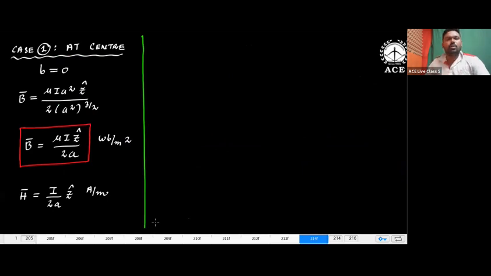Okay. Now let us consider the other extreme case. This is at the center of the circular loop. In the second case, I'll go far away from the circular loop, to a very far away distance. Okay. Case 2, beta. Far away from center.